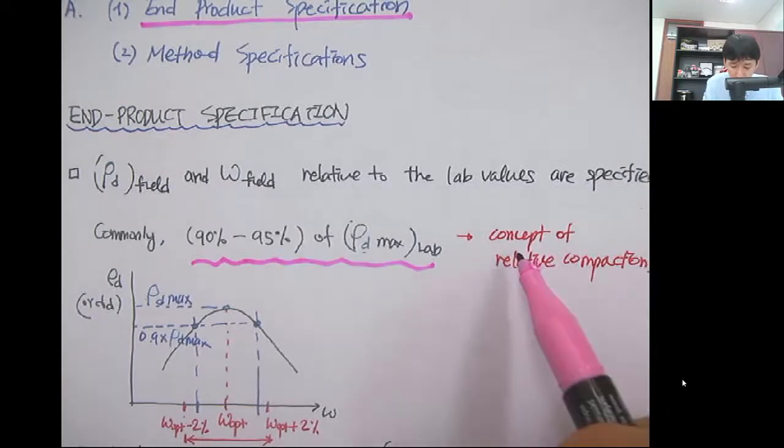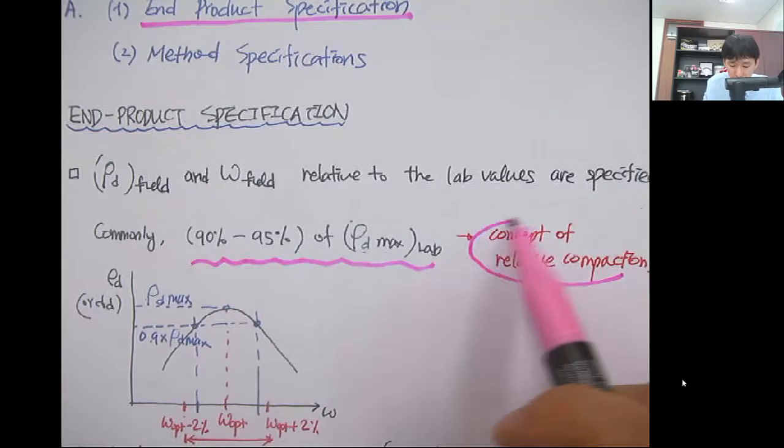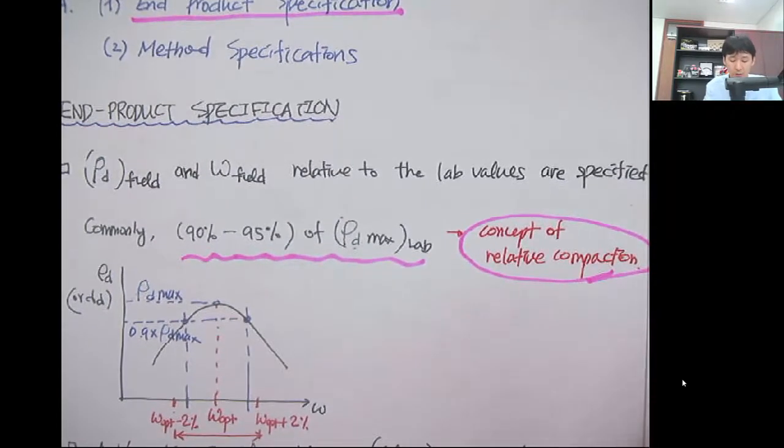This gives you the concept of relative compaction. Comparing to the laboratory maximum dry density value, if you compare that to the dry density in the field, you can quantify the denseness of the soil in the field.